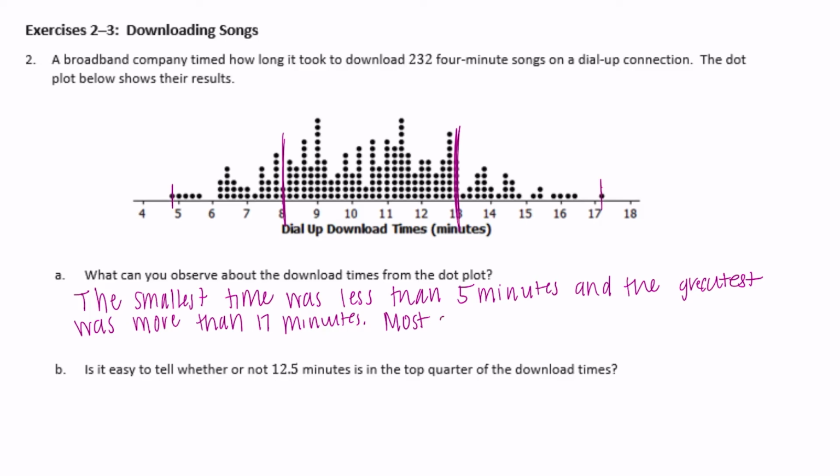Most of the data falls between 8 and 13 minutes.